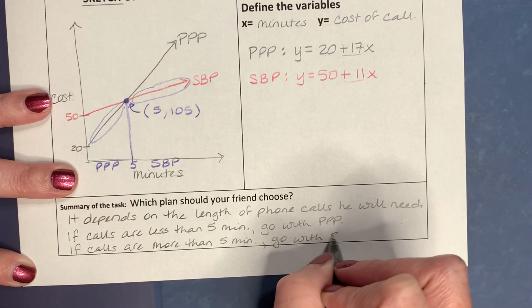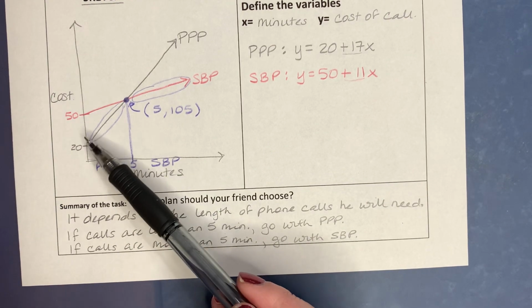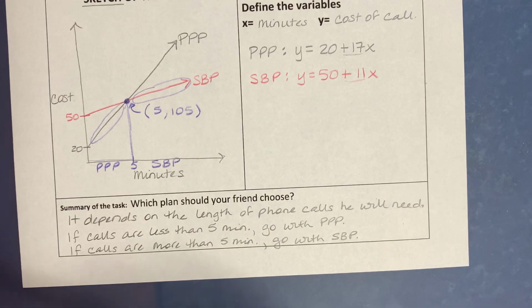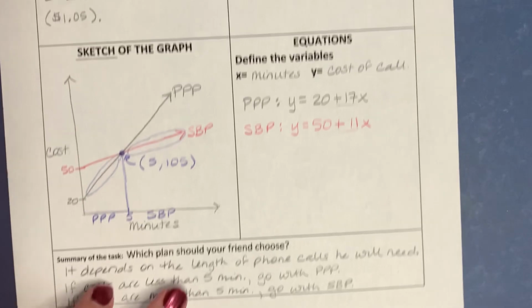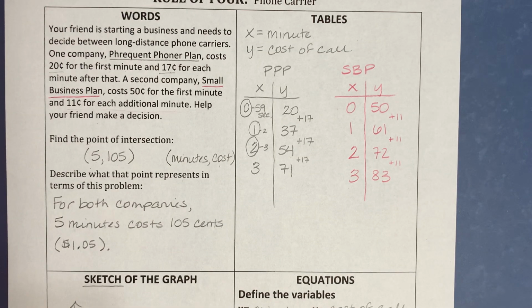It's a little bit more pricey for short phone calls, but in the long run, it's going to be cheaper. And so this is, again, a contextual problem for systems of equations. Hope it made sense.